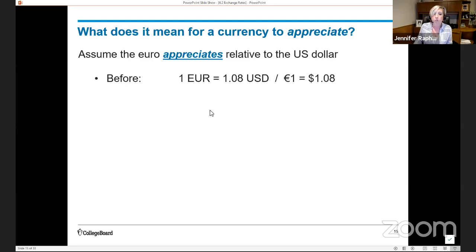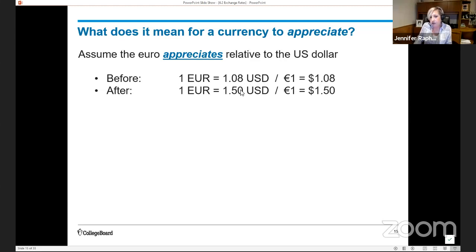Okay, so before, again, 1 euro costs $1.08, right? And now 1 euro costs 1.50 US dollars. So if you were to see the initial exchange rate and then shown a subsequent exchange rate, you might very well be asked, did the euro appreciate or depreciate against the US dollar?